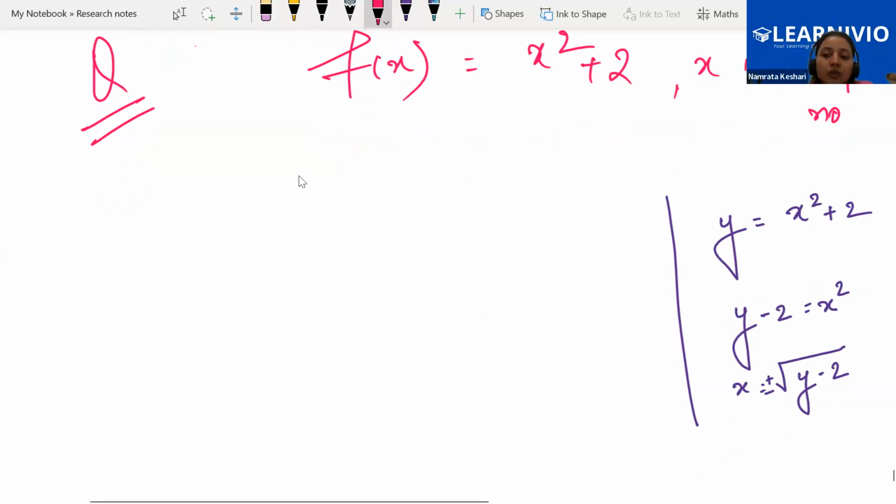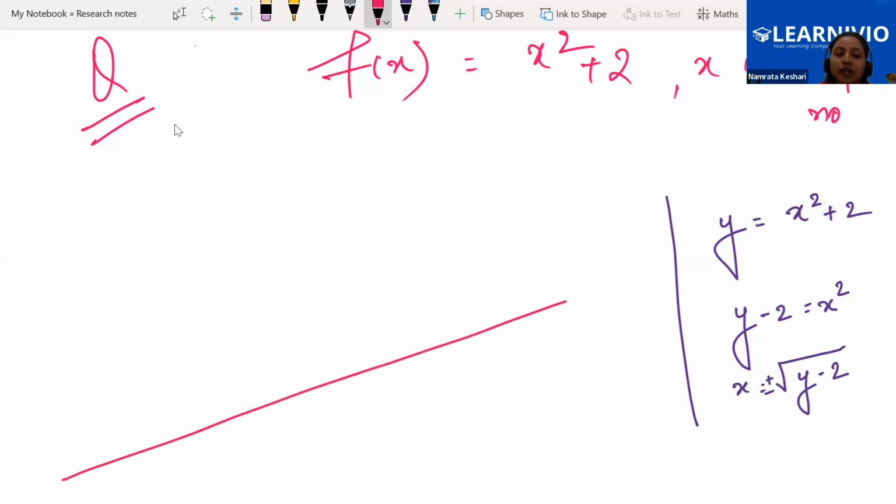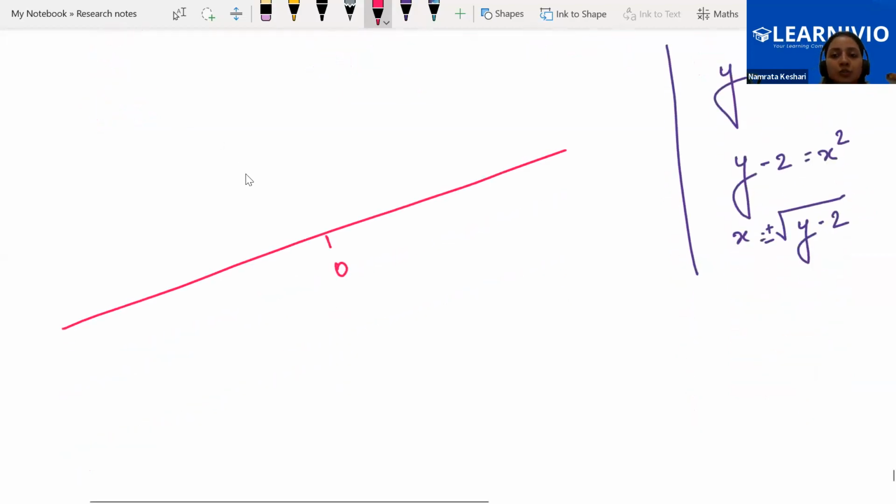Now, can you tell me which y value we will strictly not take? Let me draw a real line. Which y value will we not take over here? y minus 2 has to be greater than or equal to 0, yes or no?